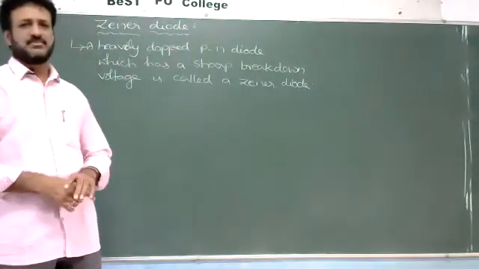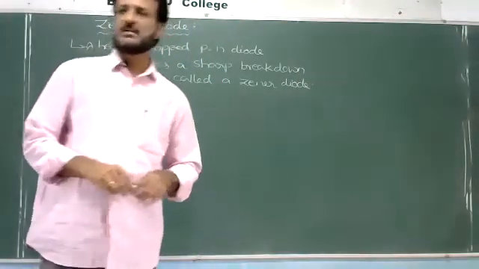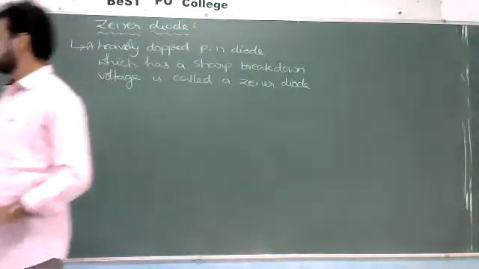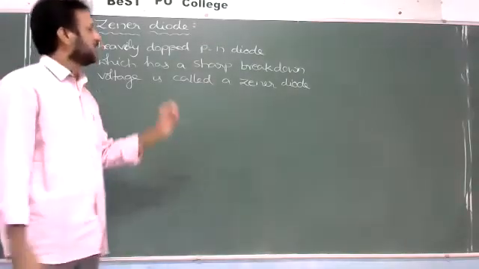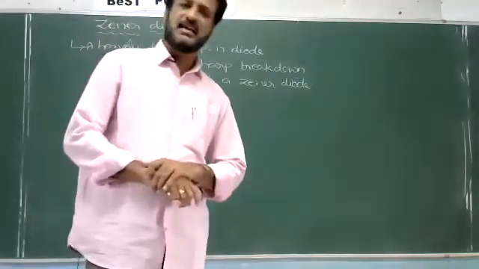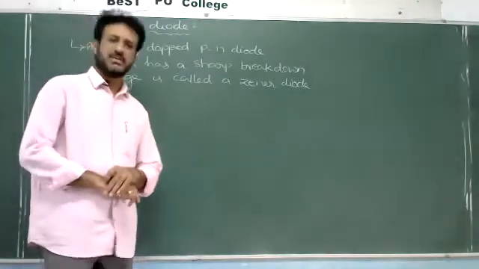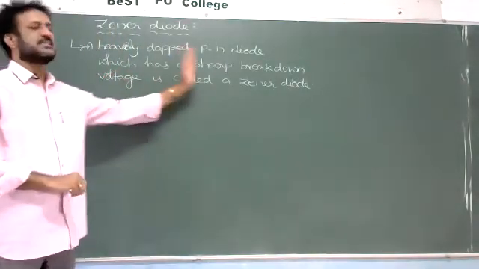Compared to a normal diode, it has heavy doping. So check that one: a heavily doped, not a normal doping. A heavily doped PN junction diode, which has a sharp breakdown voltage, is called a Zener diode.